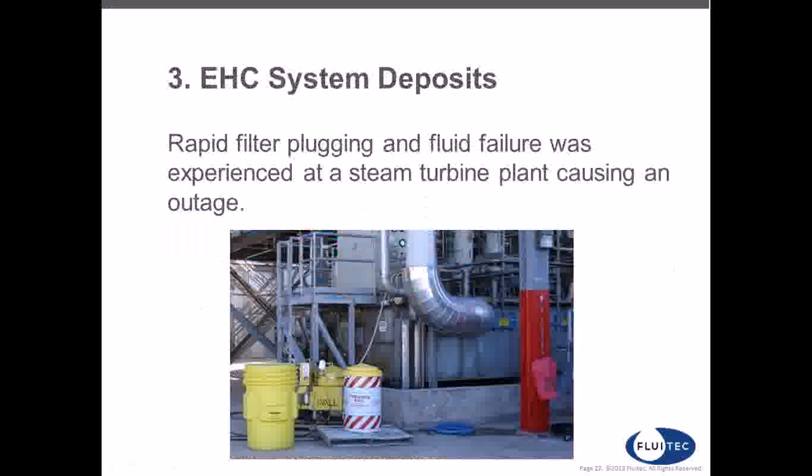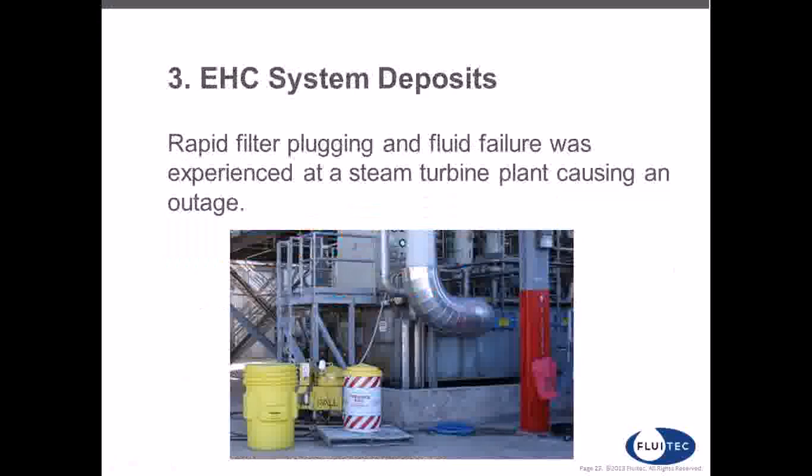We've looked at a lot of EHC fluids before, and in most cases, this application requires a fire-resistant product, so in almost all cases, phosphate ester fluids are used as a lubricant in these systems. So the plant was experiencing rapid filter plugging and actually had an outage due to a lot of dark deposits in this fluid.